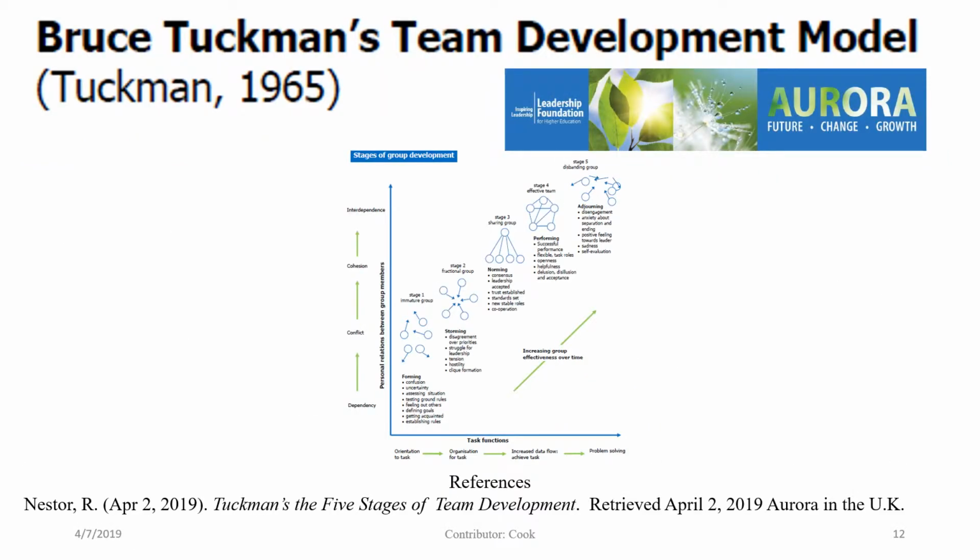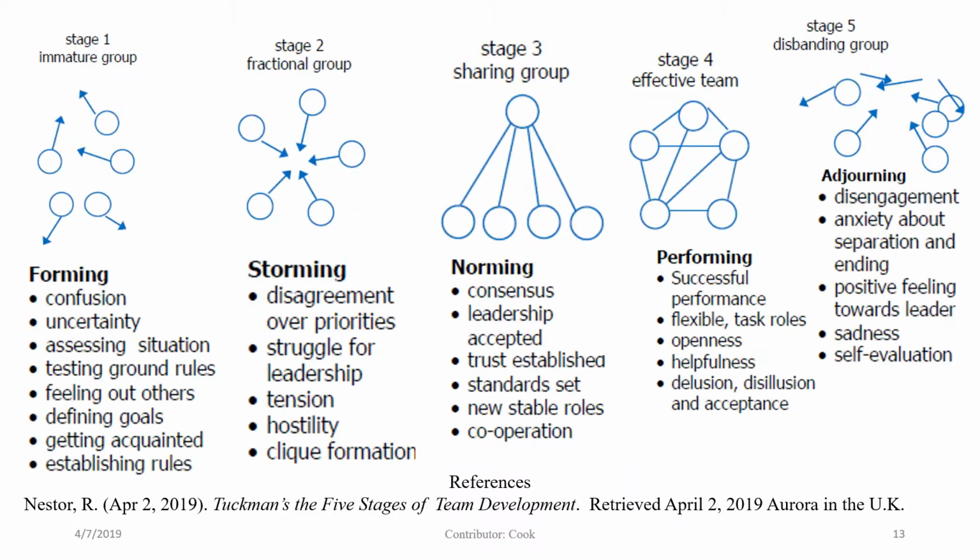Let's go international. Here is another handout from the Aurora organization in the United Kingdom. Let's expand the diagram. This graphic example again is helpful, describing the stages of team development. Here comes the key takeaway, that it is progressive from forming to adjourning.